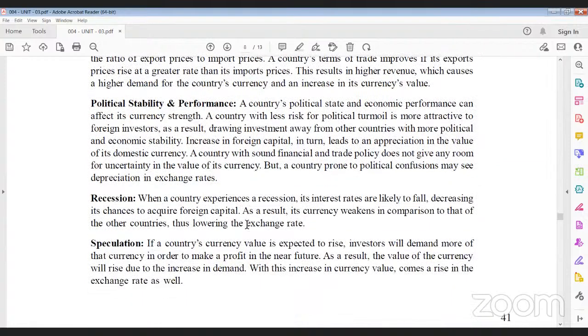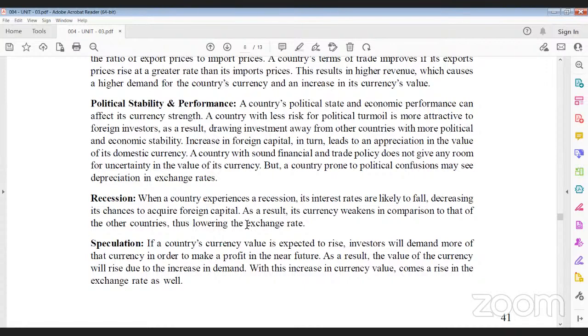Political stability and performance. Political stability and performance also play an important role in influencing exchange rates, like economic performance and the various ways to make the currency strengthen, the performance of the country on a global platform. All these make a lot of difference and influence the exchange rates.